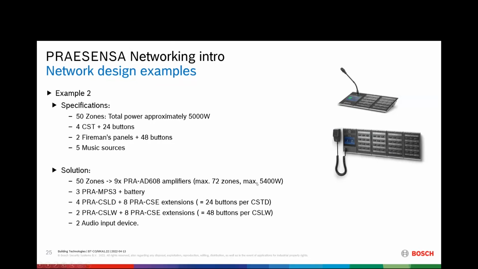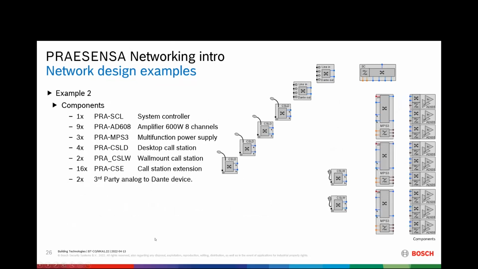So we need that also for the power in that case to have this amount of amplifiers. Then we have to feed these 9 amplifiers, we need 3 of these multifunction power supplies with 3 batteries, and we have then the call stations with the extensions here mentioned, and the 2 audio input devices, which can handle all the different music sources inputs.